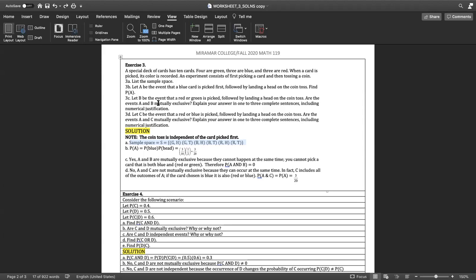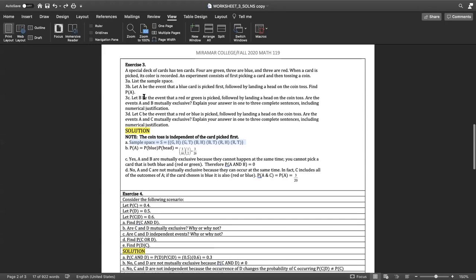Now, B is the event that a red or a green is picked, all right? So what is the answer to these questions? Is the event that a blue card is picked first, all right? Does that have any bearing on a red card being picked?